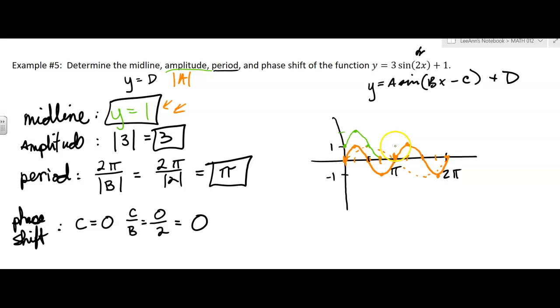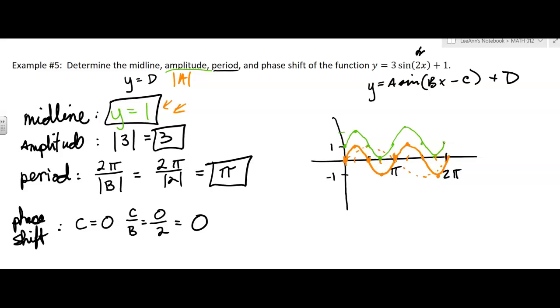Whoops, not quite. Forgot the other point there. And then we could do a second period, if we wanted to, okay? So that's how the graph would go. Okay, there you go.